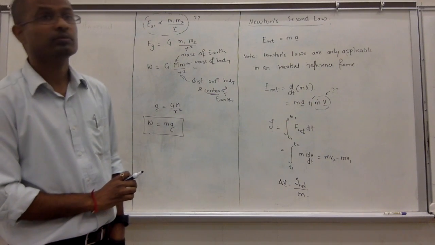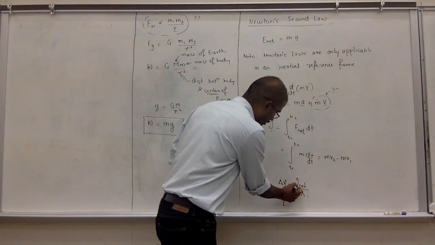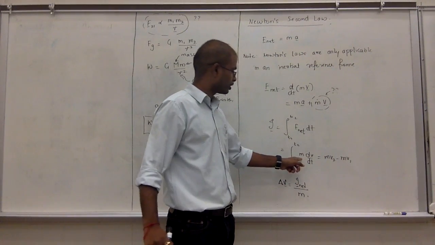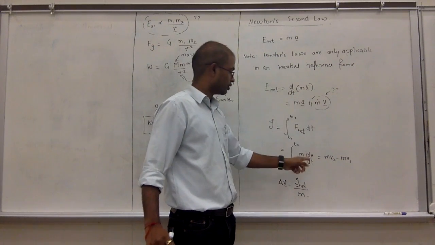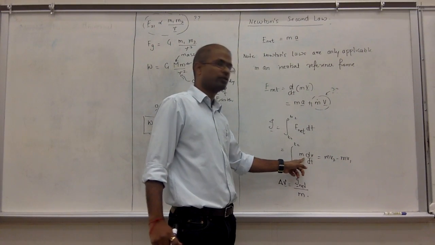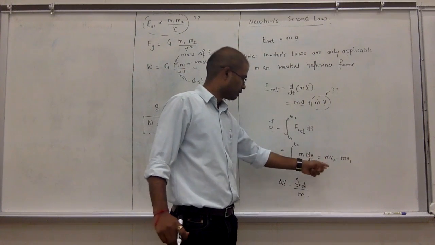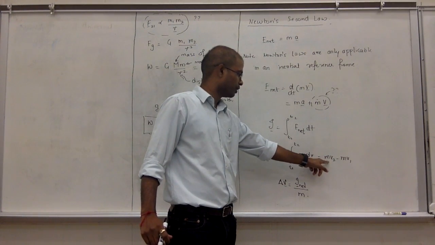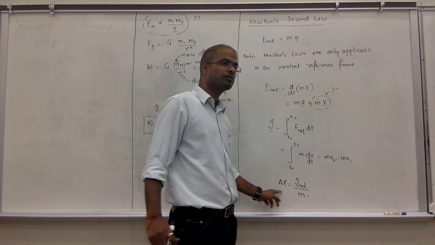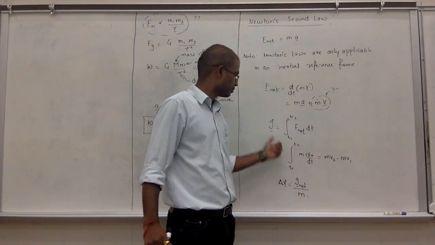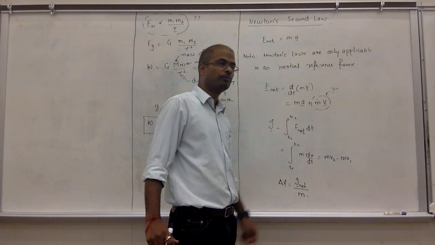Can you explain what the last part means? It just means, what I did was I just substituted this, okay? Assuming mass is constant, it is just m v2 minus v1, right? So you can say m is the same. v2 minus v1 is delta v. So delta v is the net impulse, I net over m.